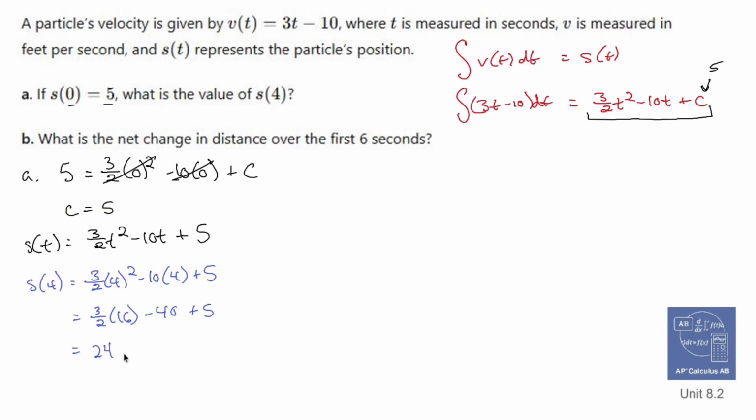It's going to be 24 minus 40 plus 5 is minus 35, and 24 minus 35 is negative 11. So according to this problem, I am negative 11 feet backwards at 4 seconds. Now that is part A. A is done. What is the value of s of 4?